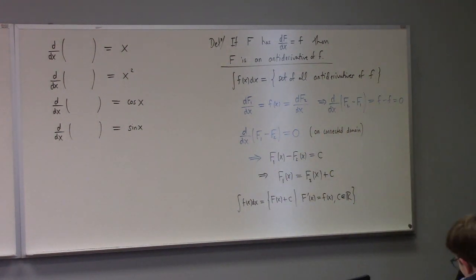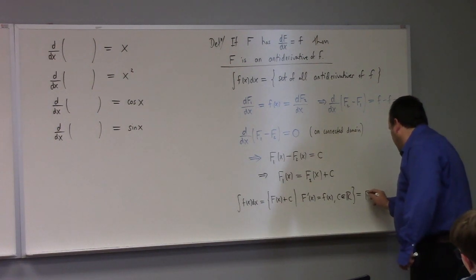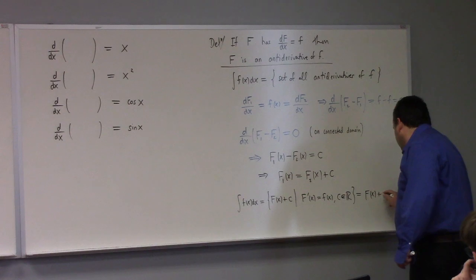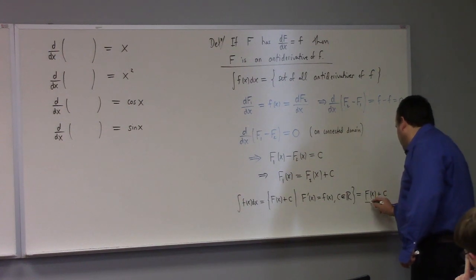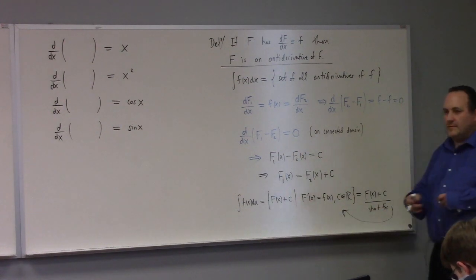What do you think about that, guys? Do we have to write the set F of x plus a constant, such that F prime of x equals little f of x, every time we do this? Well, no, here's the custom. Instead of writing this, we just write big F of x plus a constant. This is shorthand for that set.